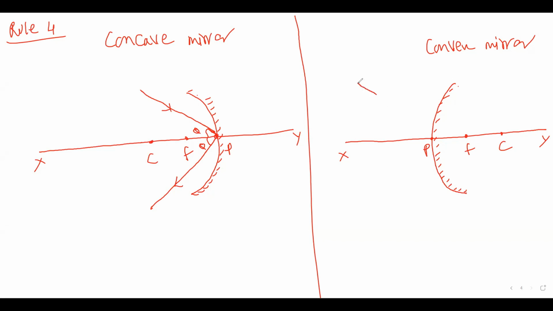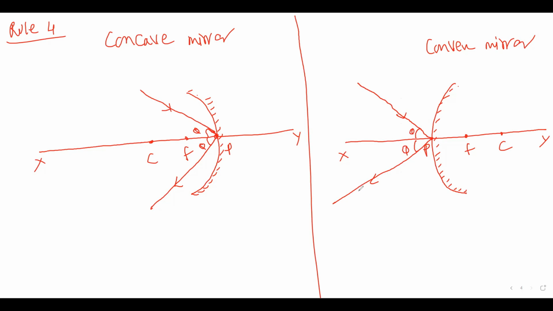If a light ray is incident on the pole of a convex mirror, making an angle theta with the principal axis, it will reflect back making the same angle with the principal axis.